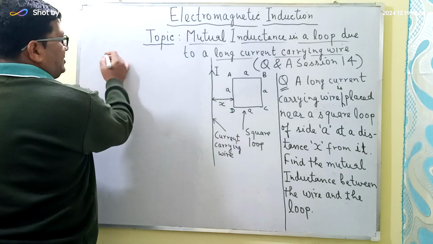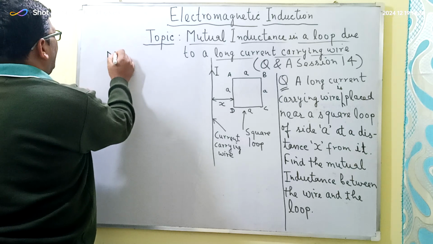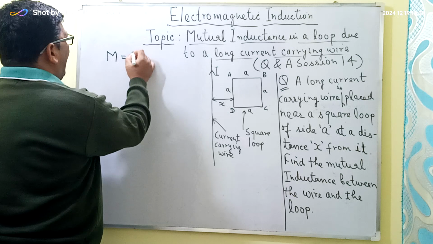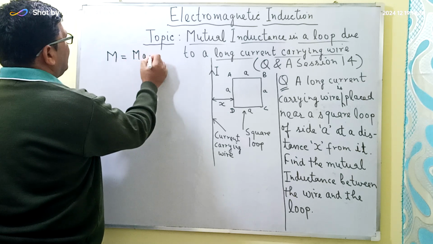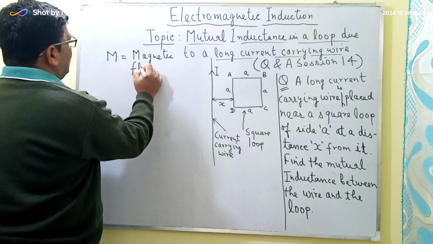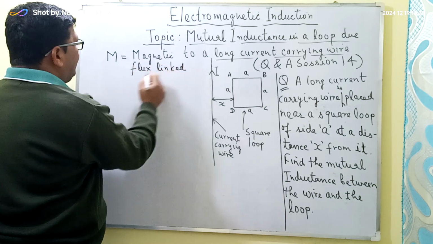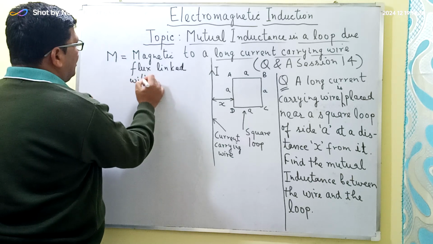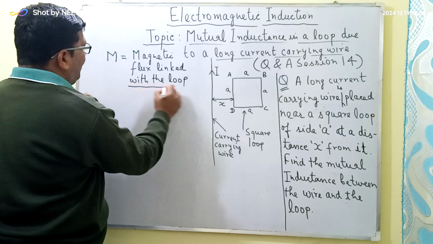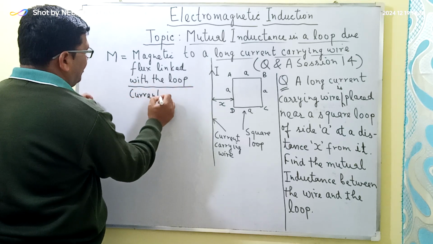So the mutual inductance between the wire and the loop, that is M, will be equal to the magnetic flux which is linked with the loop divided by the current which is flowing in the wire.